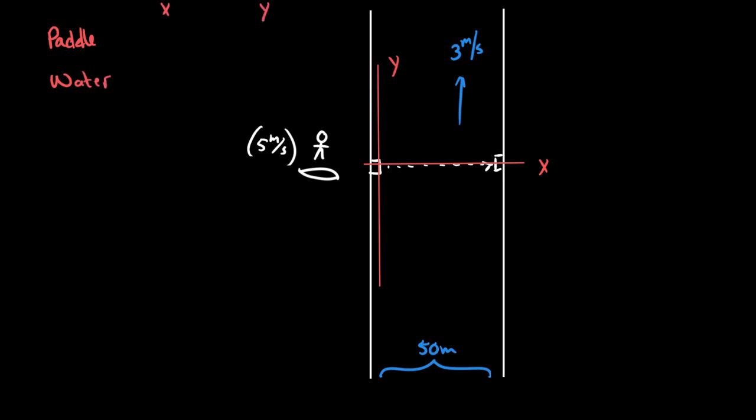Do we all agree that the water is 3 meters per second in the Y and 0 in the X? Okay. How would you solve this problem? Try it. I'm going to post it. I'll finish it up and I'll post it.